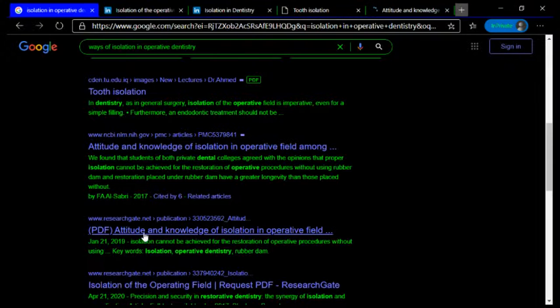And the PDF, of course, being the attitude and knowledge of isolation in operative field. Isolation cannot be achieved for the restoration of the operative procedure without using a rubber dam. Keywords: isolation, operative dentistry, rubber dam.